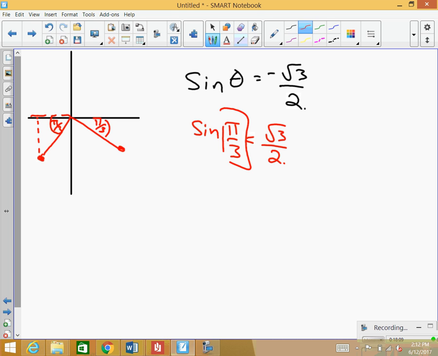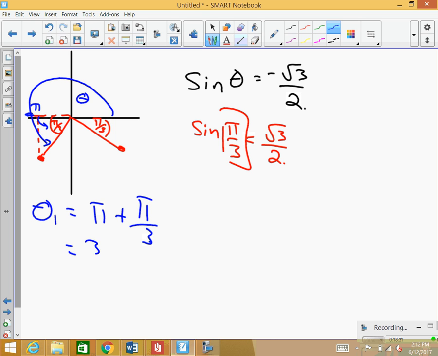But we need the full angle. So the first one, let's do the one all the way to here. I'm going to call it theta 1. We're going all the way to here, which is pi, and then we're just going to add the extra pi over 3. So pi plus pi over 3. So I got 3 pi over 3 plus pi over 3, and that gives me 4 pi over 3. So that's my first angle.